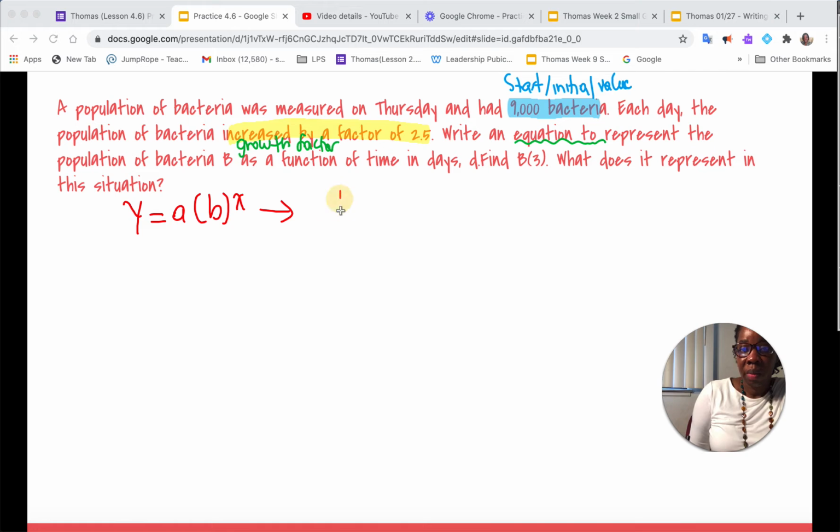So it's going to be B of x is equal to a times b to the x. Same thing, all right? So don't get too confused by what you're seeing because it just means the same thing. They asked us to really focus on B of 3, so eventually we're going to be looking for that value.